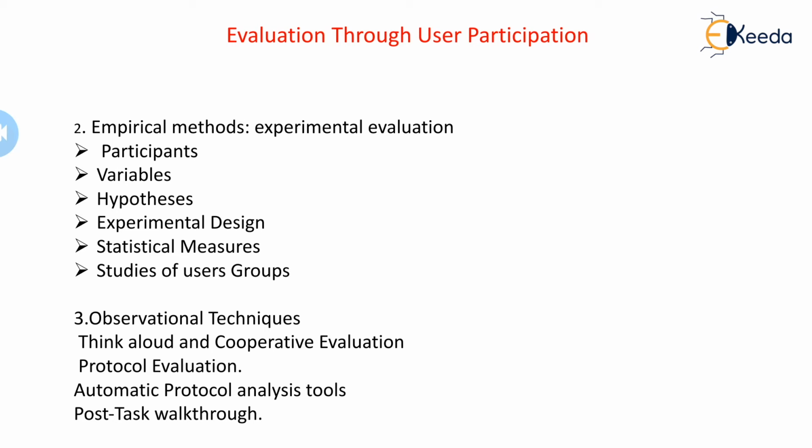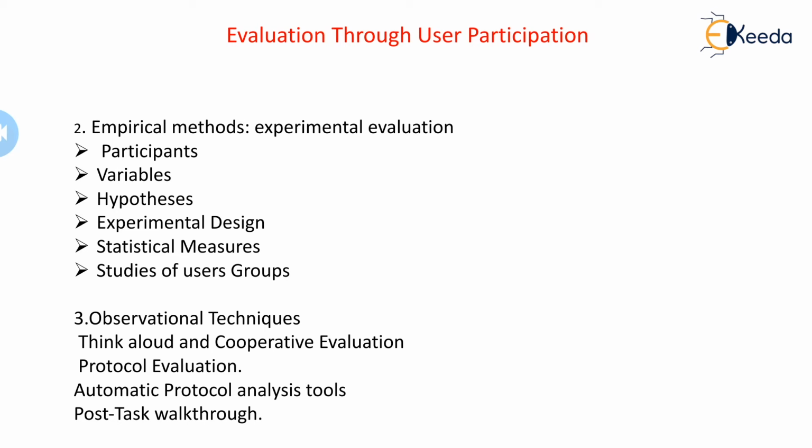Then this evaluation has participants. Now, the choice of participants is vital to the success of any experiment. In evaluation experiments, participants should be chosen to match the expected user population as closely as possible. A second issue relating to participant sets is the sample size chosen.